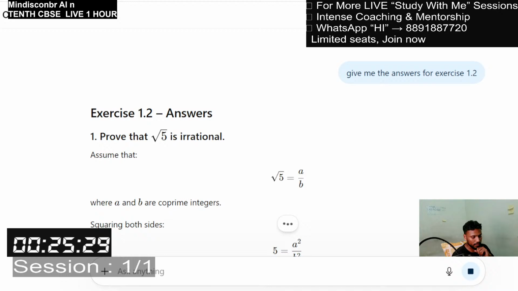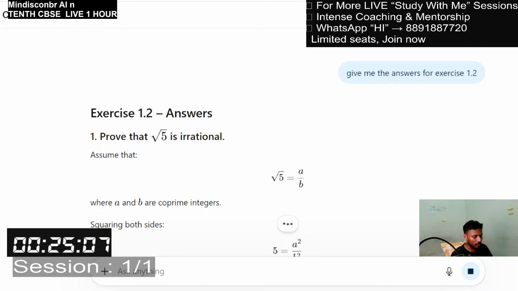The 3 is cut and b square is equal to 3c square. This means that b square is divisible by 3, so b is also divisible by 3.